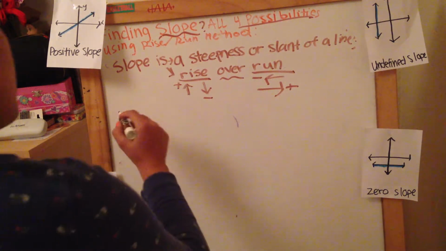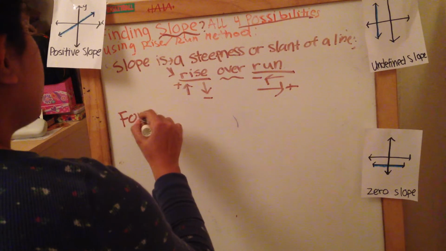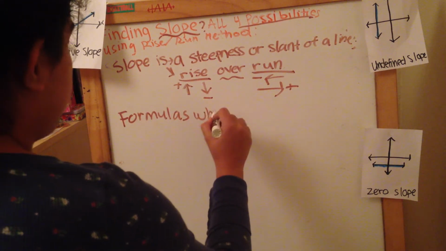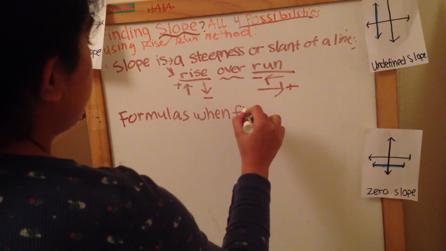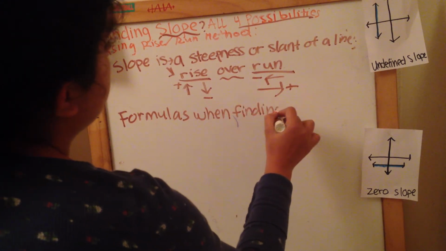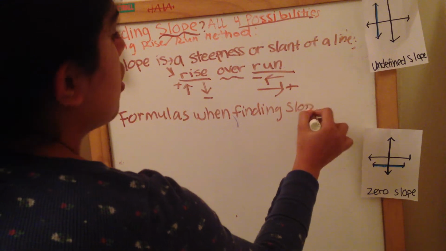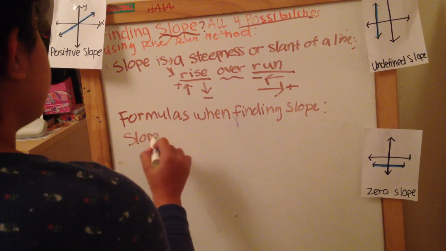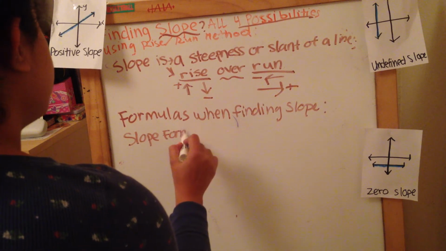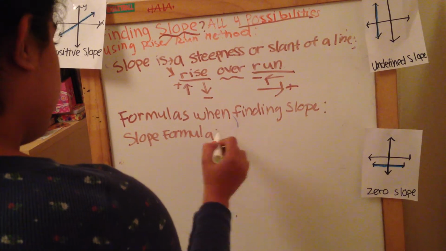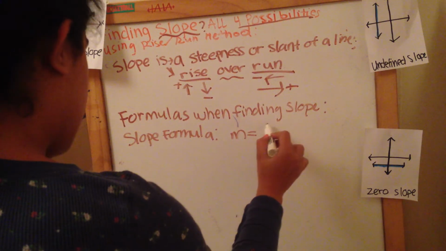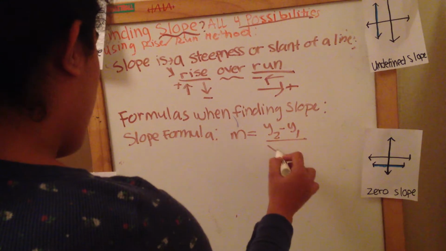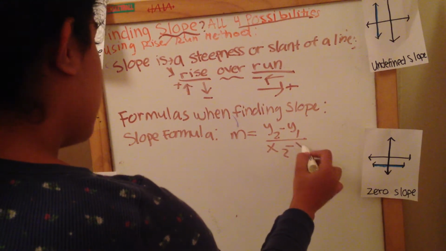Now, there are formulas when finding a slope. These include the slope formula, m equals y2 minus y1 over x2 minus x1.